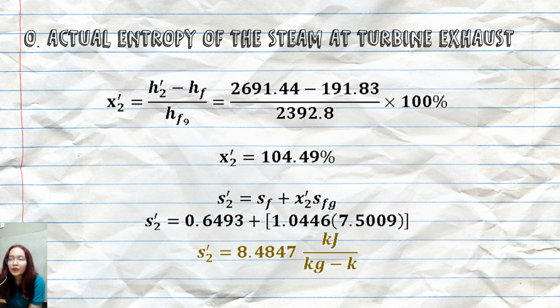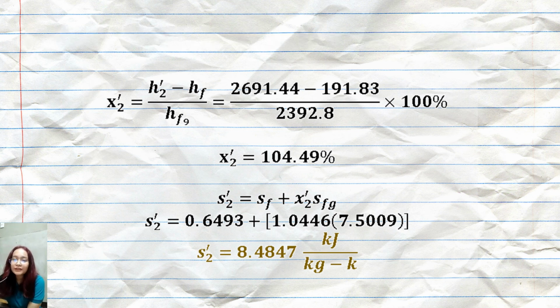Then, we will use the formula actual enthalpy is equal to specific enthalpy of the saturated liquid plus the product of the actual steam quality and the specific enthalpy of the evaporated liquid. Just input the values, then the answer will be 8.48447 kilojoule per kilogram Kelvin. As you can see, there is a minimal difference in the decimal points of the answers.